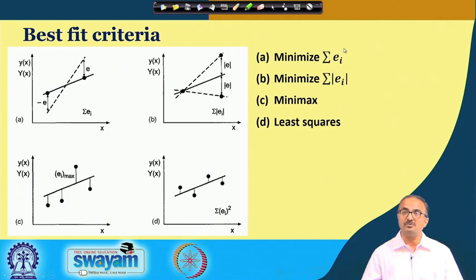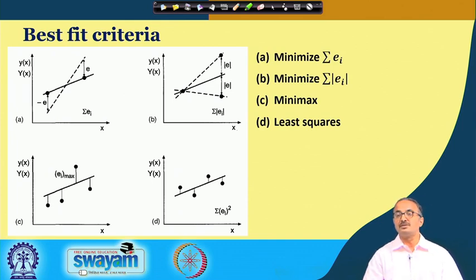So, what we are trying to do is minimize the summation of the errors. That means, for n data points, for each point we find the error between the regressed value and the actual value, sum up the errors, and try to minimize the total error. Now, the errors could be negative and positive, and many a times these negative and positive values may get cancelled, and it would look as if the total is 0.